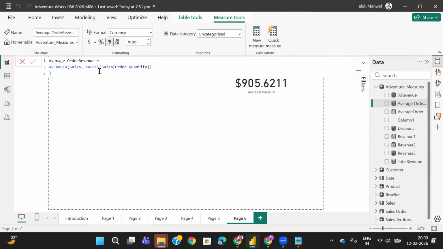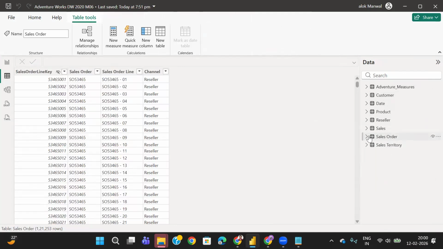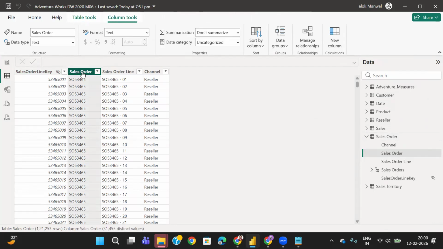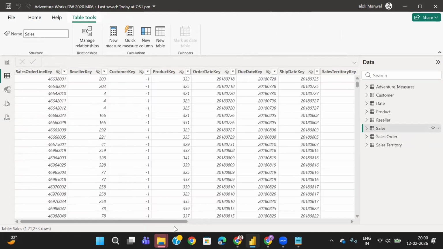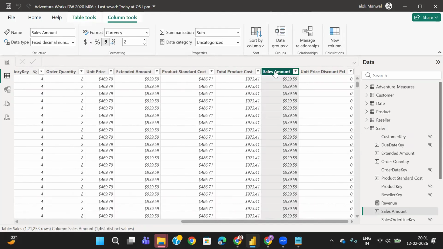So I'm just doing average. But where is the revenue? I'm not getting the whole definition. I'm going to check my sales orders. If I have done the value, it will do the distinct value, and from the sales it should give me the total of this first.